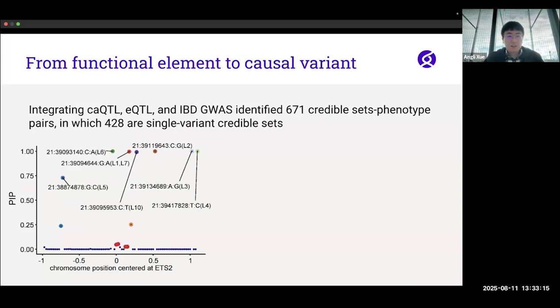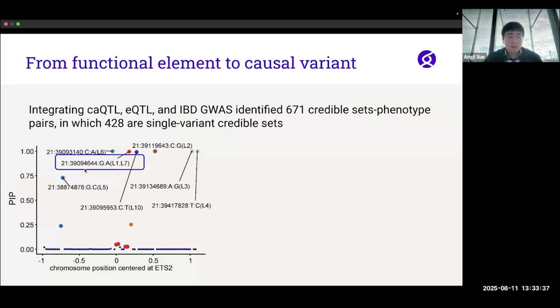We tested inflammatory bowel disease, as we demonstrated with the peak-to-gene links. We identified around 671 credible sets, which contain the causal variants. And among them, around 400 are single-variant credible sets, which means that we're pretty confident that there's only one causal variant.